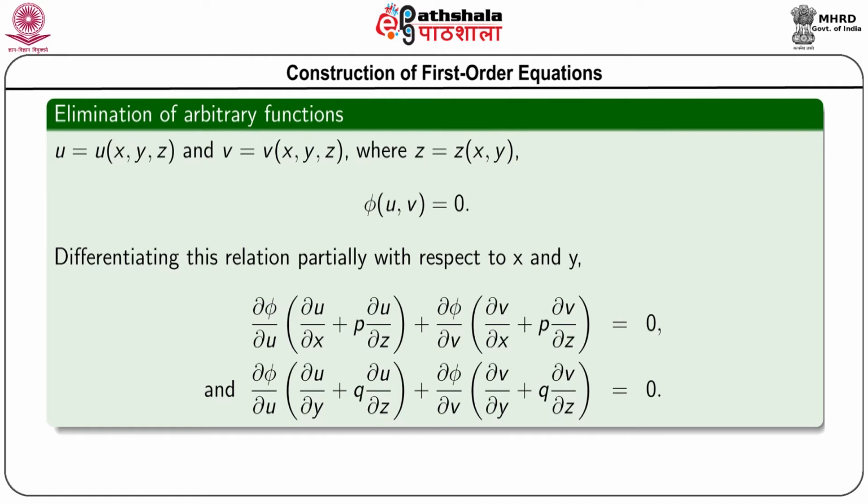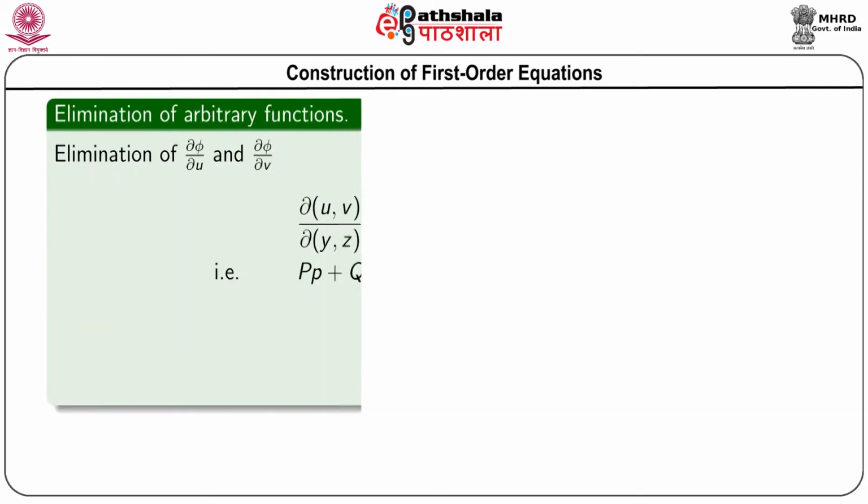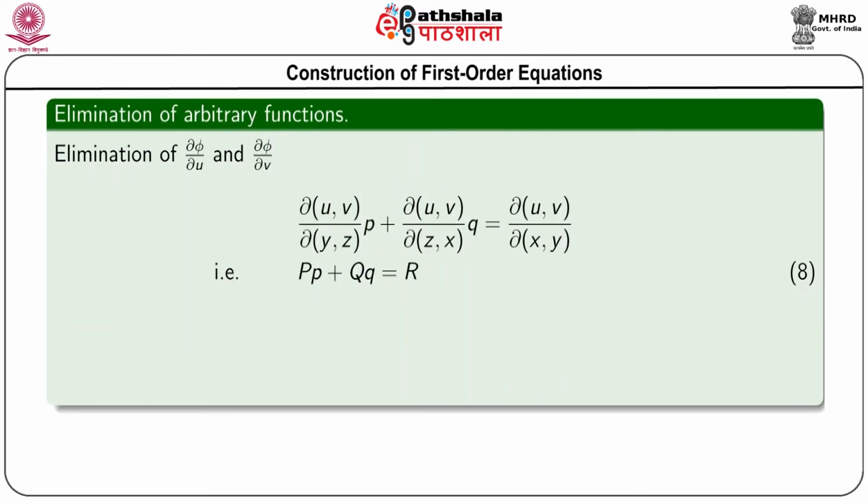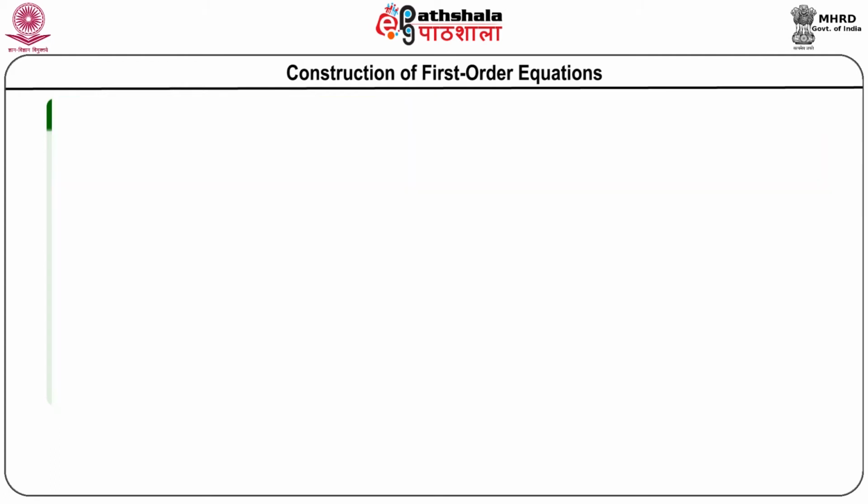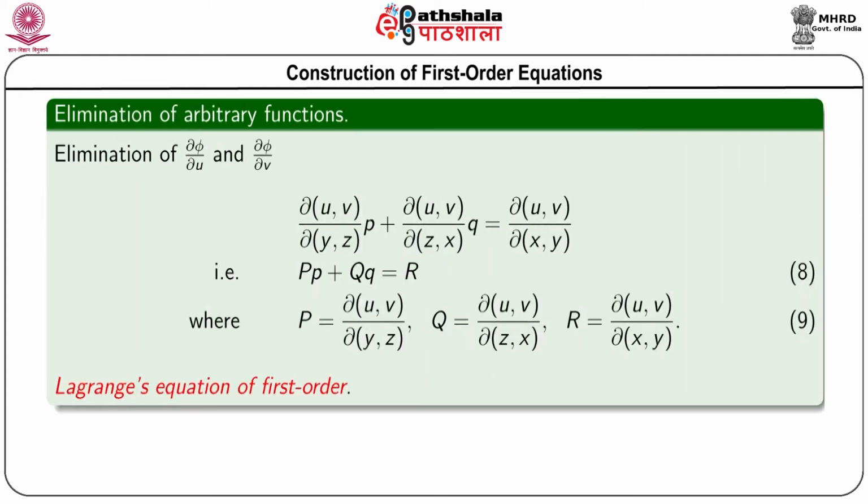Now, from these two equations we can eliminate del phi del u and del phi del v to get a relation of the form del(u, v)/del(y, z) p plus del(u, v)/del(z, x) q equals del(u, v)/del(x, y), or in other words capital P p plus capital Q q equals capital R, where capital P, capital Q, capital R have the expressions which are written in equation number 9.